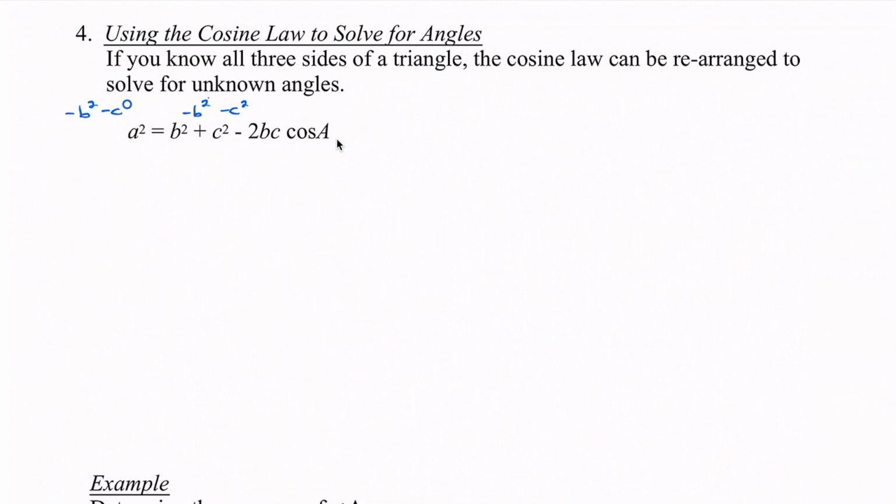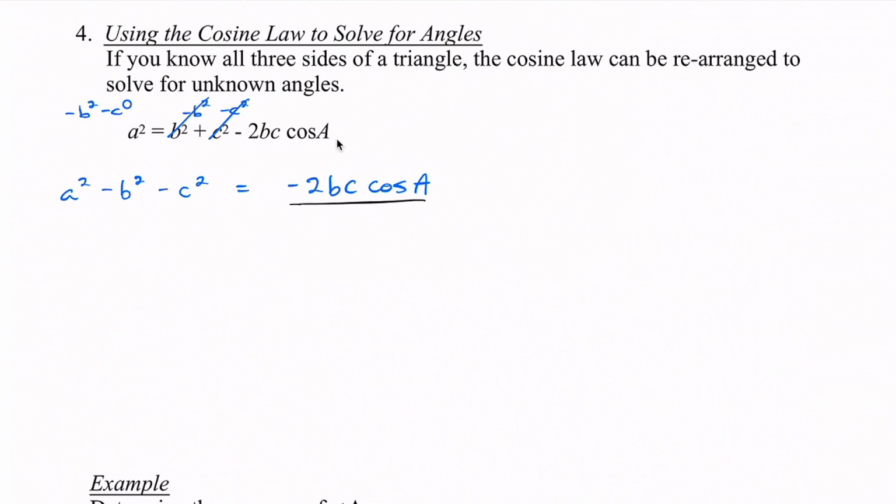So I'm going to have these canceling. And then I'll just have a squared minus b squared minus c squared on the left. That equals minus 2bc times cos of A. To get rid of this times by minus 2bc, we're going to have to do the opposite.